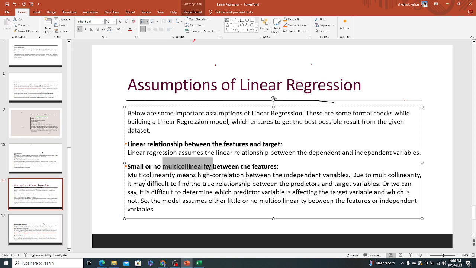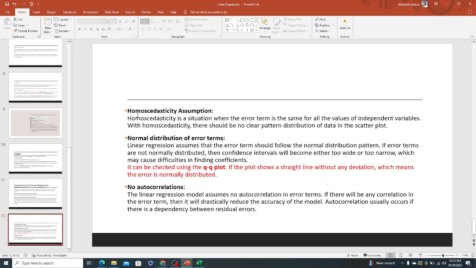When we are talking about homoscedasticity, we are saying that the error term is the same for all values of the independent variables. When will you check this?